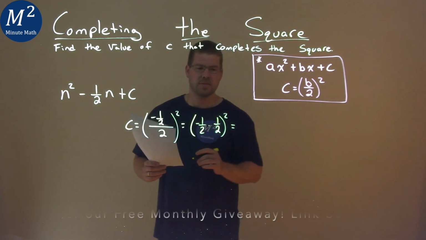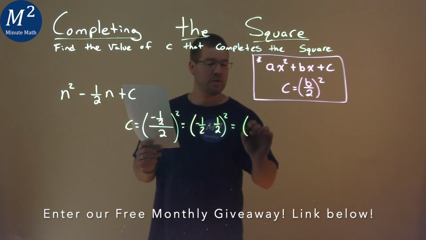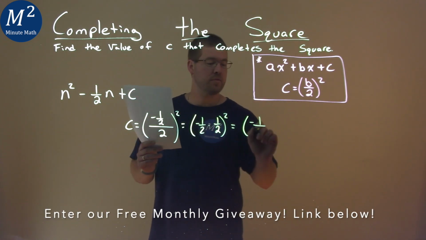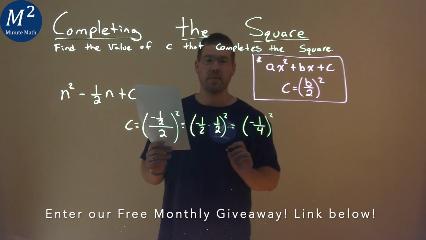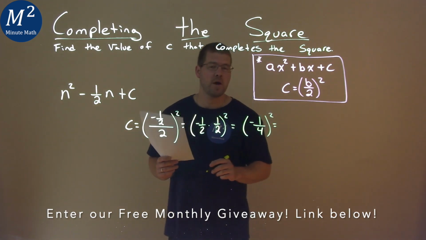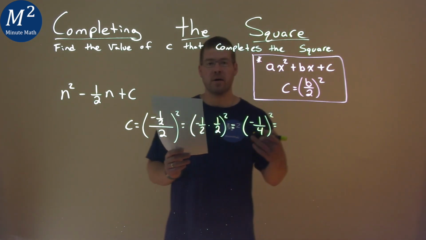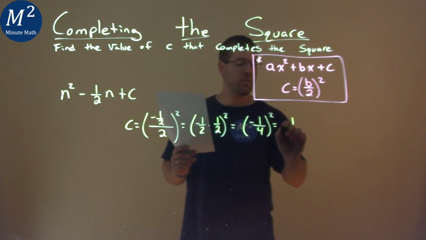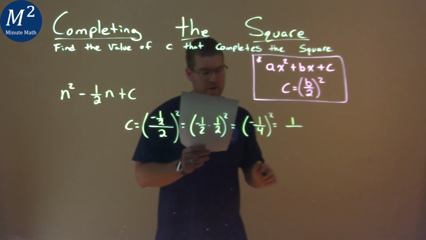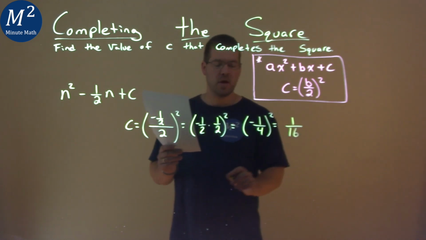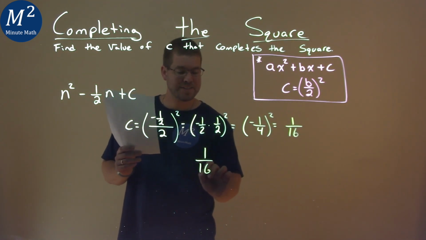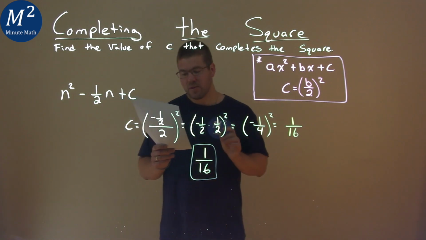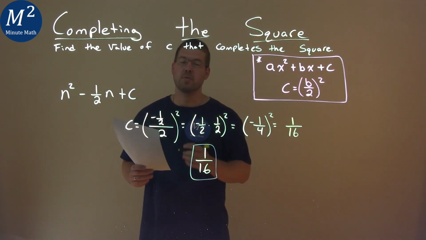Now that's a little easier to see. This comes out to be, well, a negative 1 over 2 times 2 is 4 squared. When we square fractions, we can square the numerator and the denominator individually. Negative 1 squared is a positive 1. 4 squared, 16. And so 1 over 16 is the value of c here that completes the square.